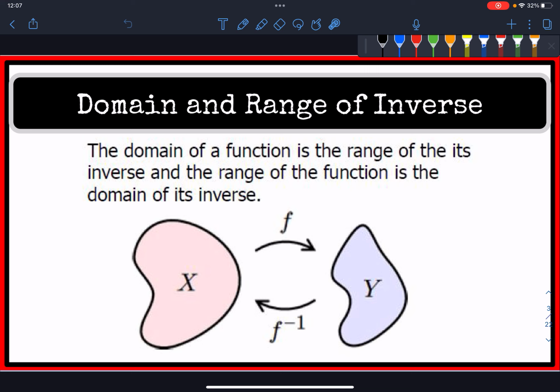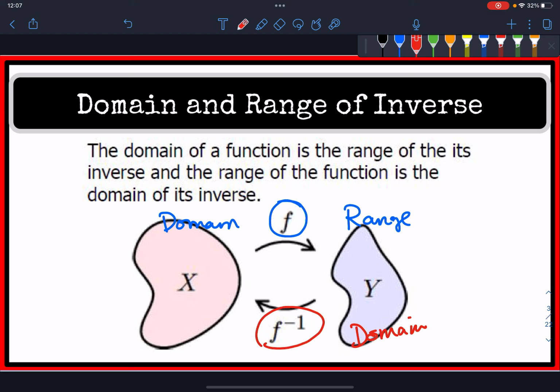So if this is the domain for the function f, and this is the range for the function f, then the range becomes the domain for the inverse, and the domain becomes the range for the inverse. It just simply switches.